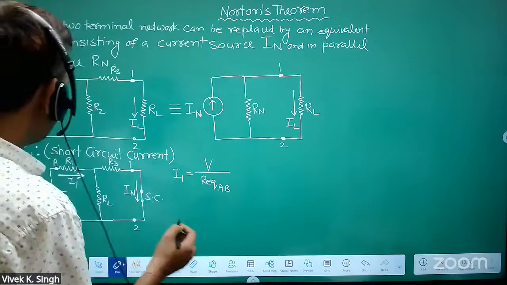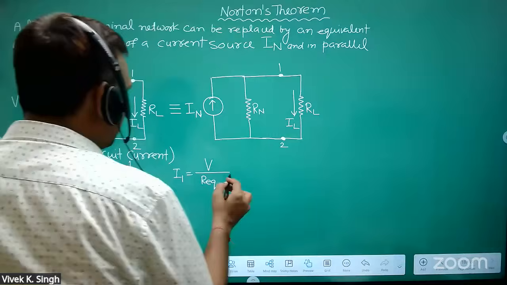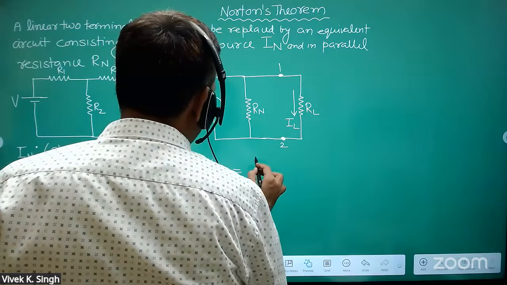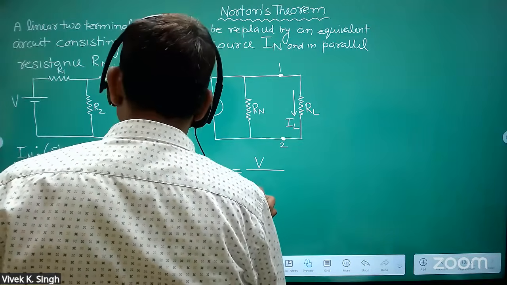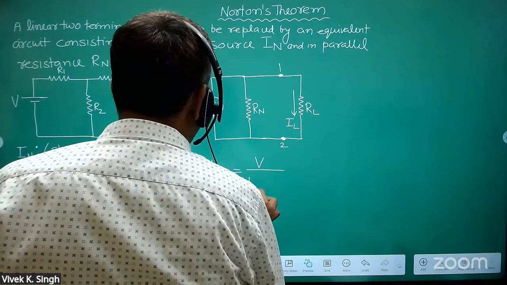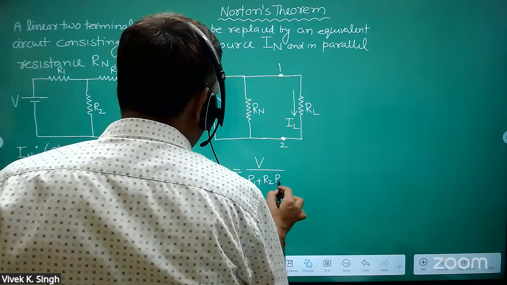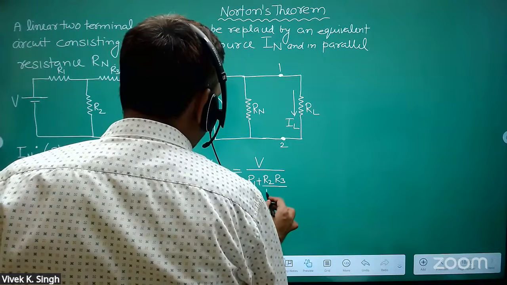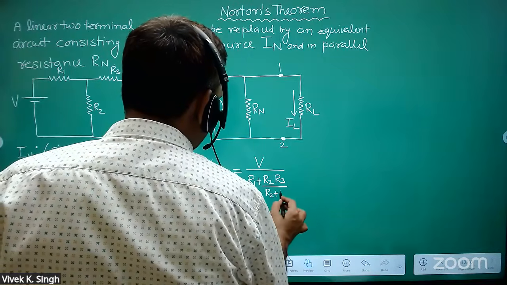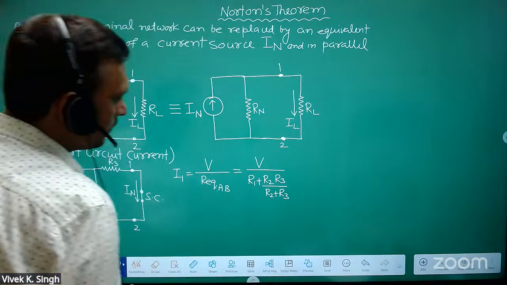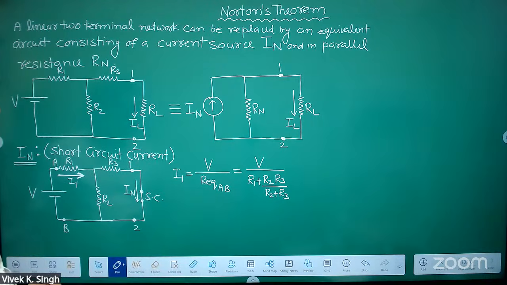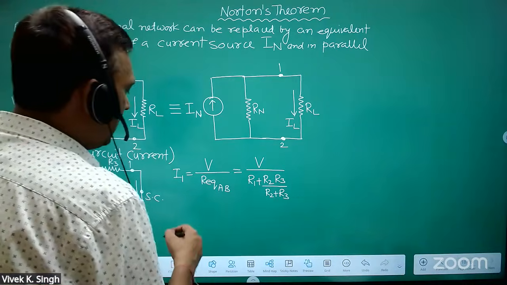Okay. So what will be equivalent? This is given by V by R1 plus R2 R3 by R2 plus R3. Okay. So this will be I1.